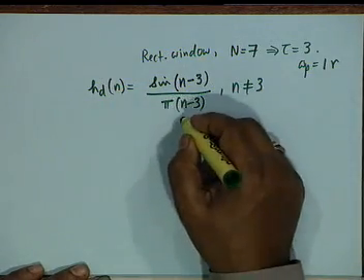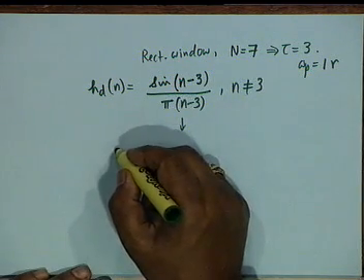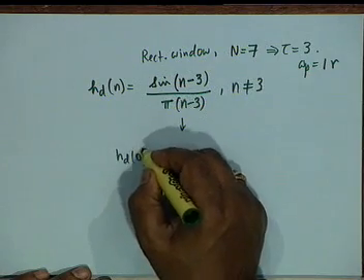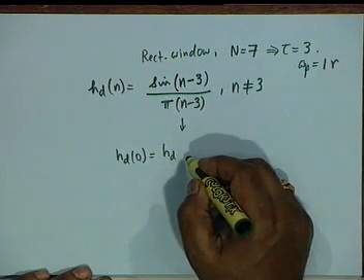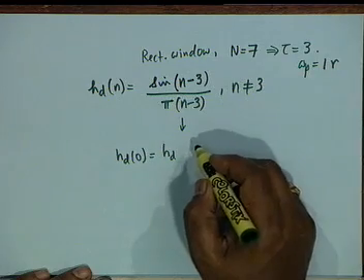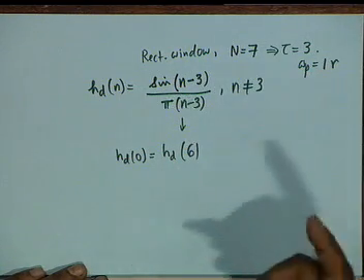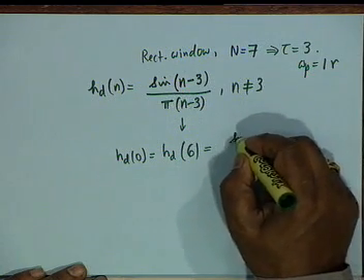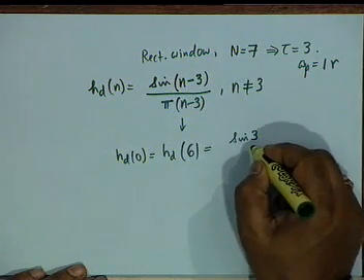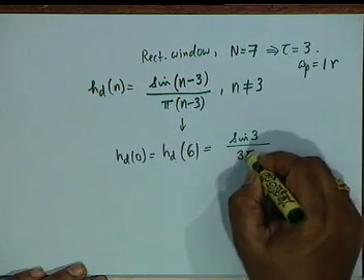which gives rise to, with rectangular window, hd n is the same as h of n. Okay. So, hd of 0 shall be the same as hd of what? It has to be symmetrical. So, 6, 7 minus 1 is 6, that should be equal to sine of 3 divided by 3 pi.